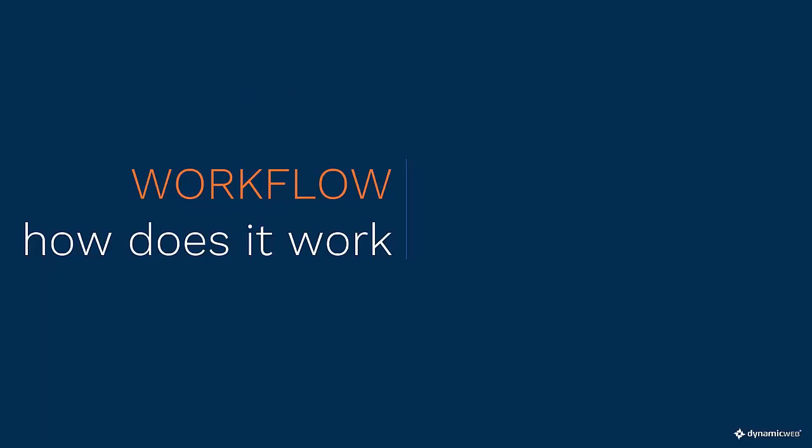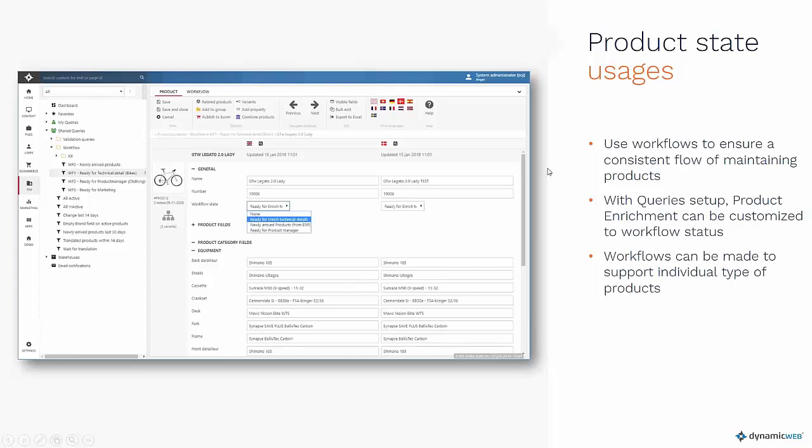So workflow, how does it work? Well, workflows are based on different rules and different states and processes that can be in the workflow route. But basically, when all these things are set and the products have their statuses, you typically use it for querying out products with different types of status.